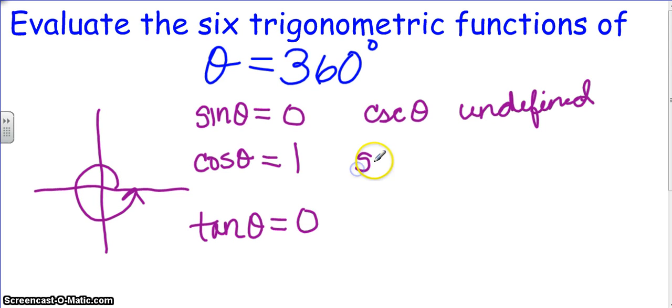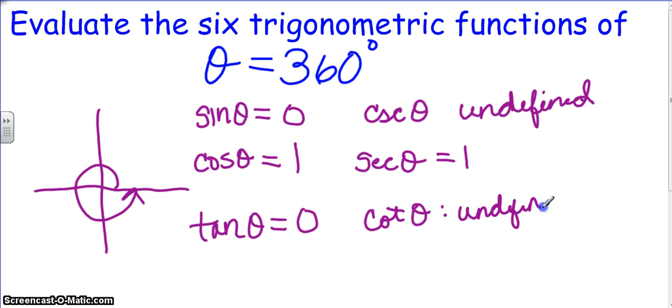The secant of theta is the reciprocal of cosine. So that's going to be 1, because 1 over 1 is 1. The tangent is 0, so that means the cotangent of theta is also going to be undefined, for the same reason that cosecant is undefined. You cannot divide by 0.